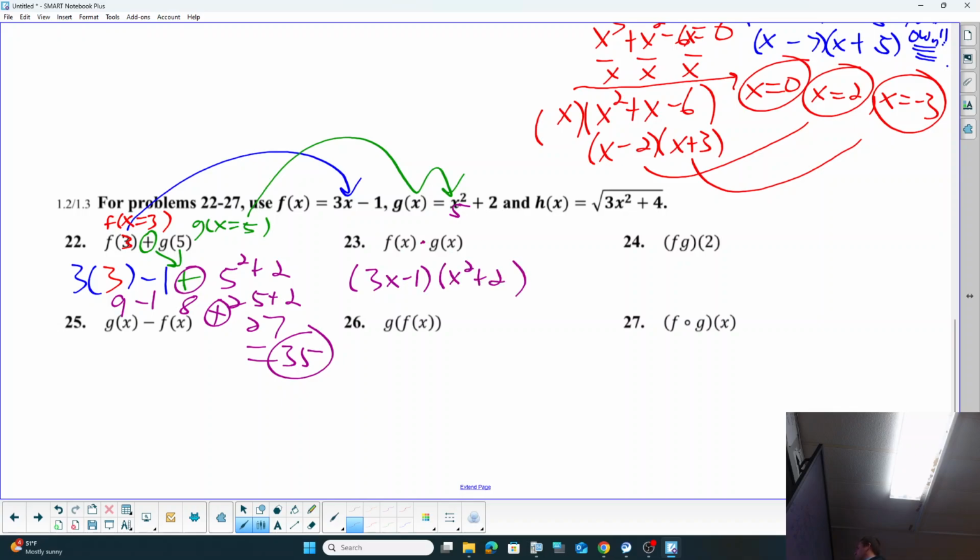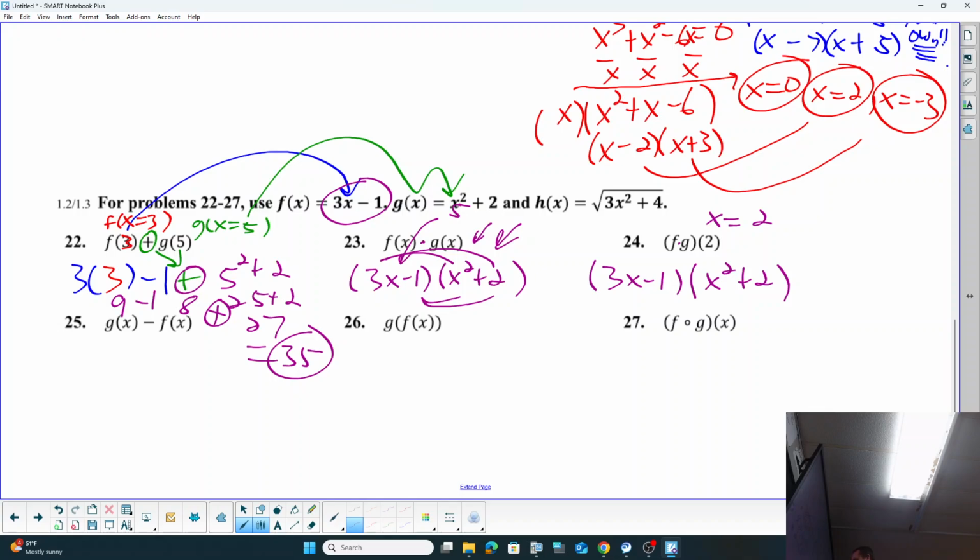f of x times g of x is simply taking 3x minus 1 and timesing it with x squared plus 2. I'll let you do that one on your own. FOIL it. Now if it's like this, it wants you to FOIL it, but it also wants you to plug x equals 2 in there. You could do it all together and plug the 2 in everywhere, or you could plug them in individually and just times the numbers. So f is 3x minus 1 times g, which is x squared plus 2.